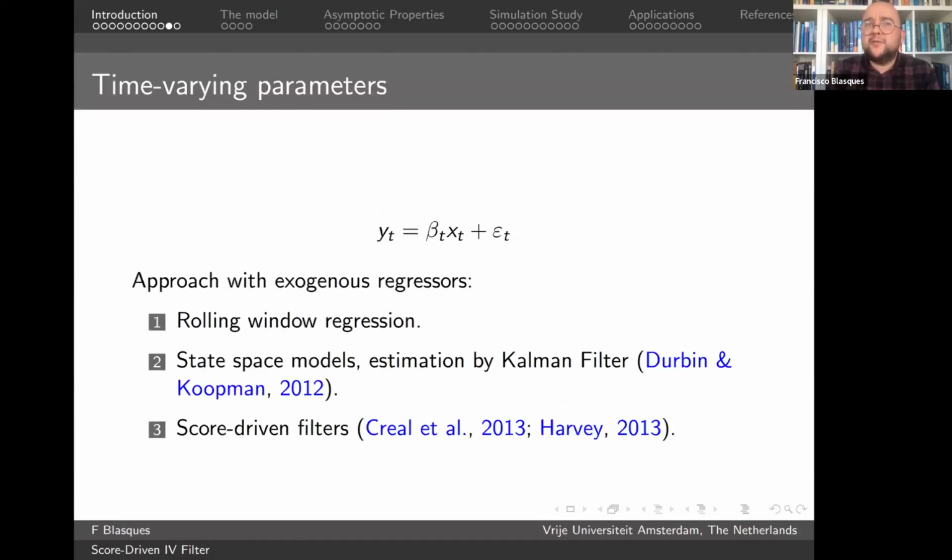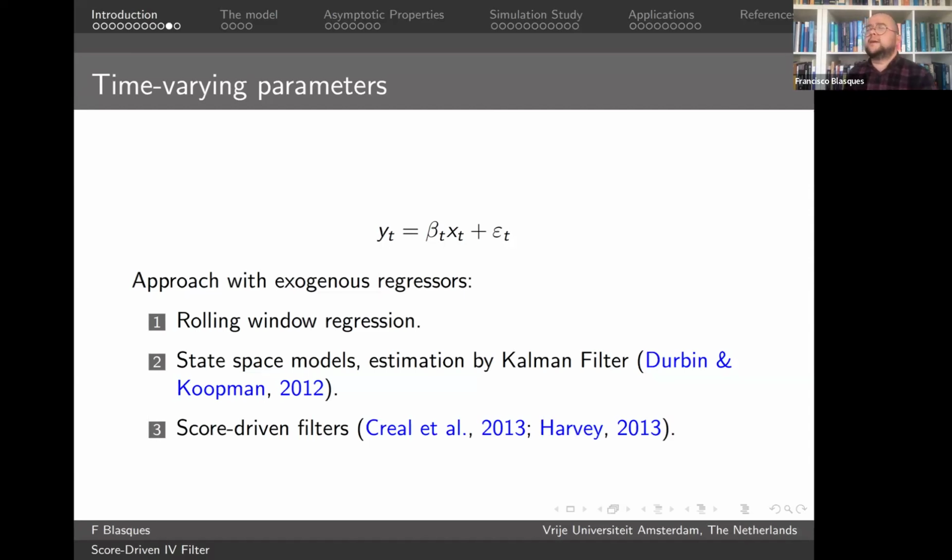A bit of a recap on time varying parameters, and then we combine the two. Again, that's the whole idea. So, well, time varying parameter models are also very much used in econometrics and statistics and other fields.